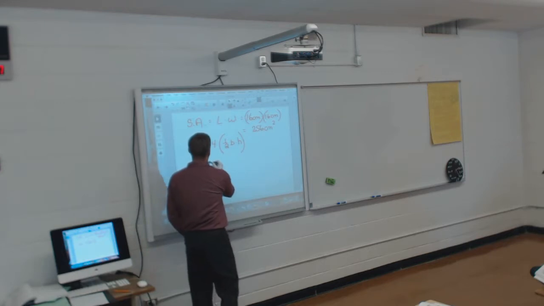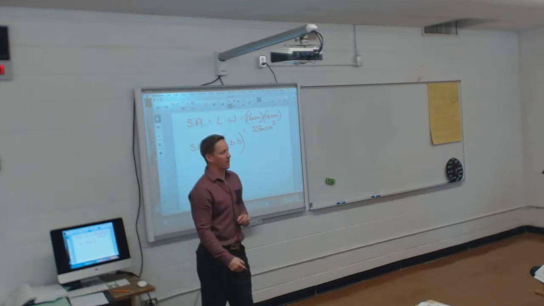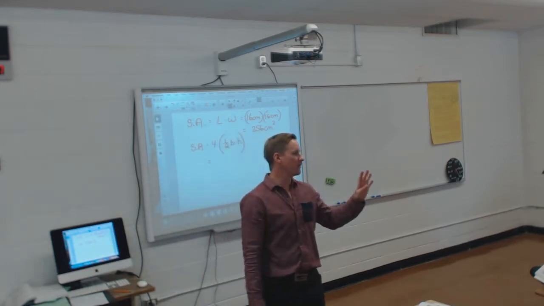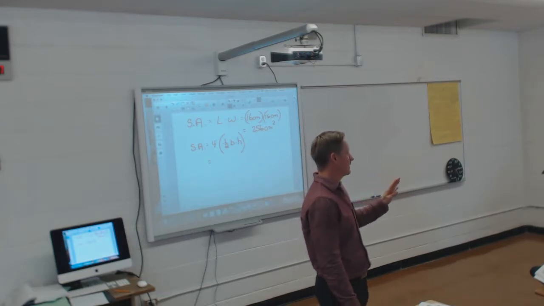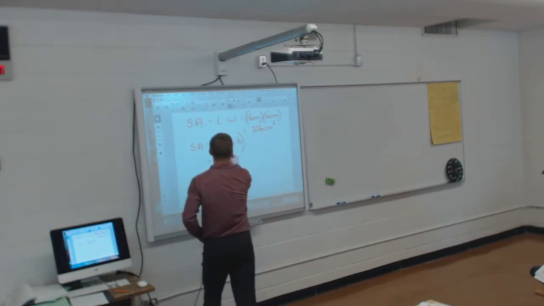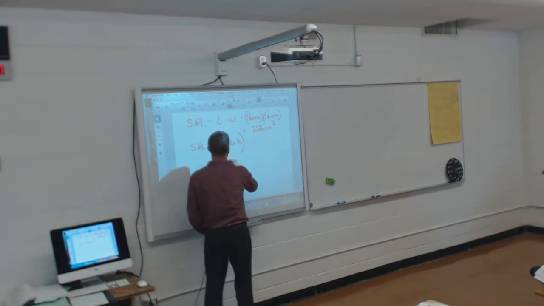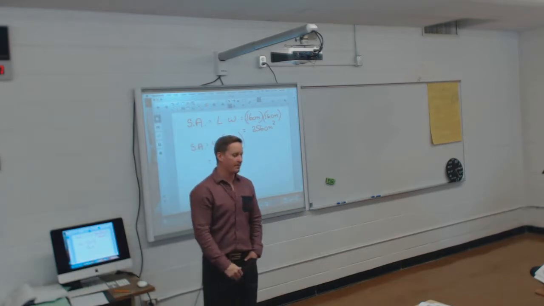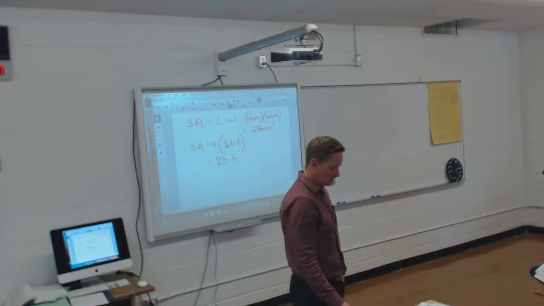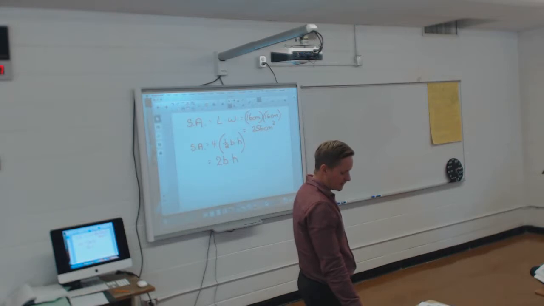Now notice I have 4 because there's 4 faces. We all agree? So what is 4 times 1/2? 2. I'd like you to now look at your equation for a right pyramid on your sheet. What is the equation for the right pyramid on the sheet?